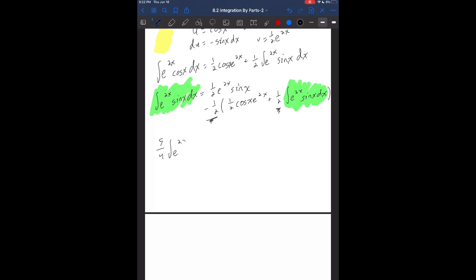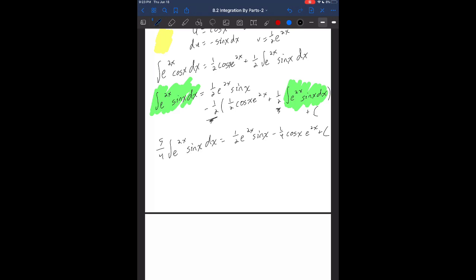5/4 integral e to the 2x sine of x dx is 1/2 e to the 2x sine of x. And I should probably have a plus c. Never forget your plus c's. Plus c somewhere in there. Minus 1/4 cosine x e to the 2x plus c.